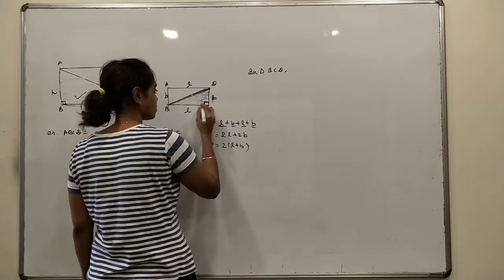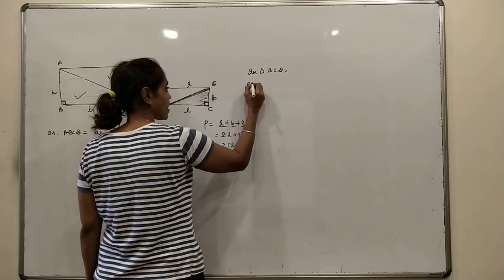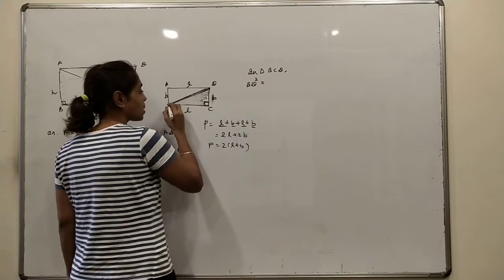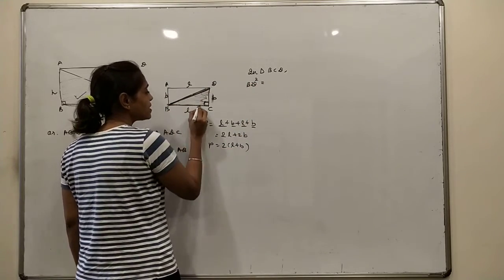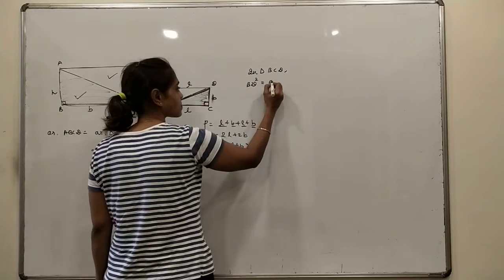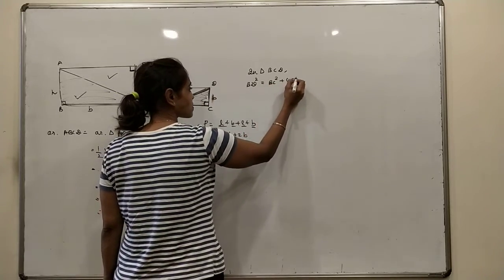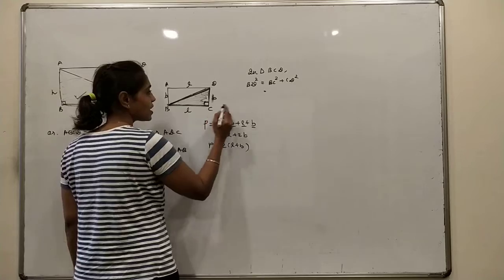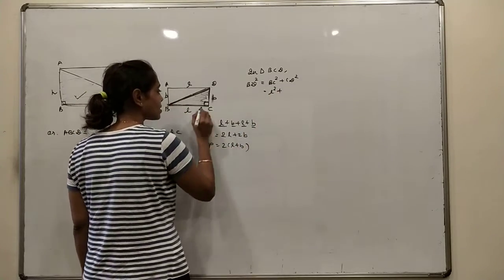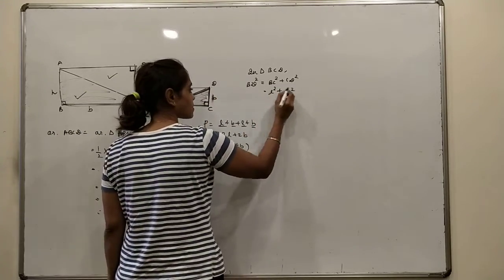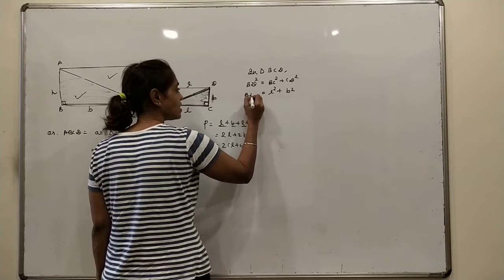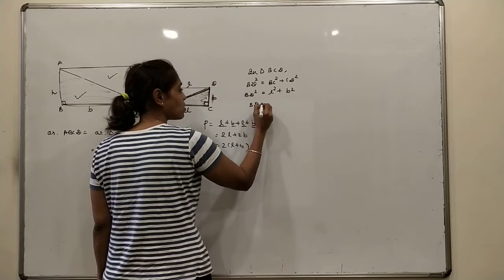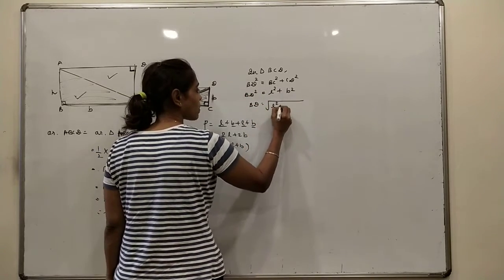So in triangle BCD, BD square, as per the Pythagoras theorem, BD square equals BC square plus CD square. What is BC? That is L, so L square, and CD is B, so B square, is BD square. So BD equals under root of L square plus B square.